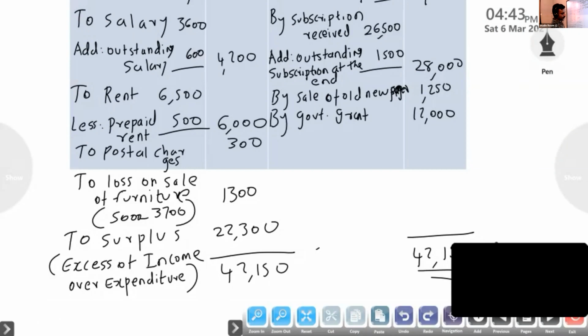Now opening balance sheet. The balance sheet as on 31st December. So 1st January 2015. That is 17 only.